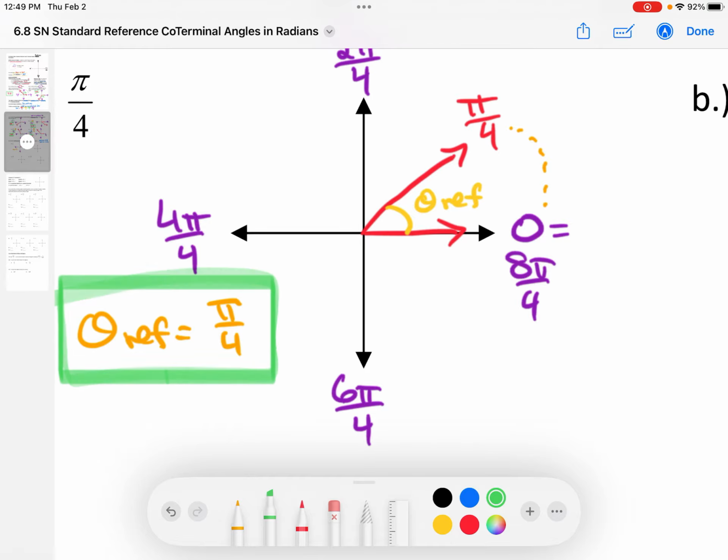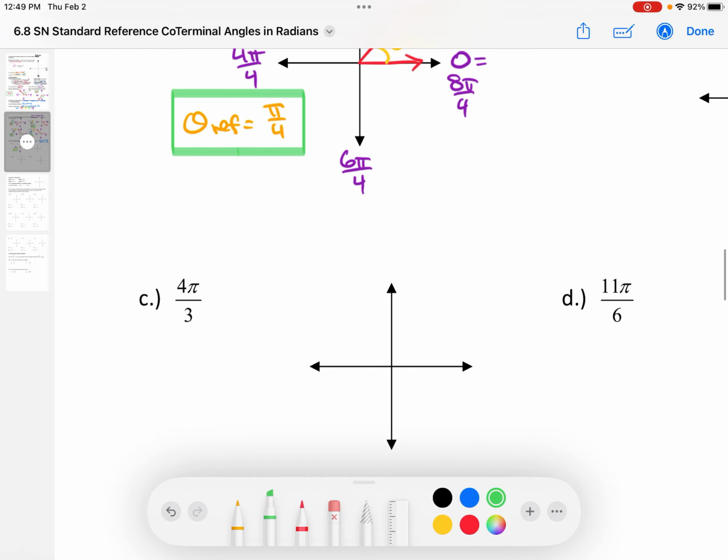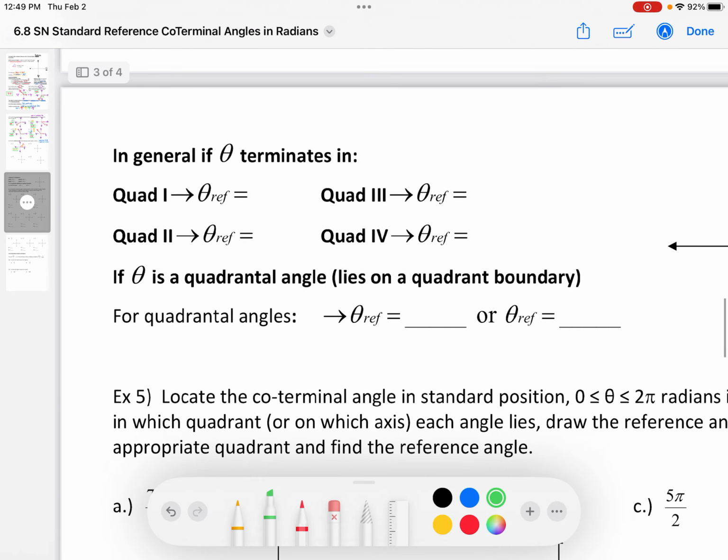Reference angles are still how far away is the angle from the x-axis. So, in general, top of the next page, in quadrant 1, the reference angle is equal to the standard angle.